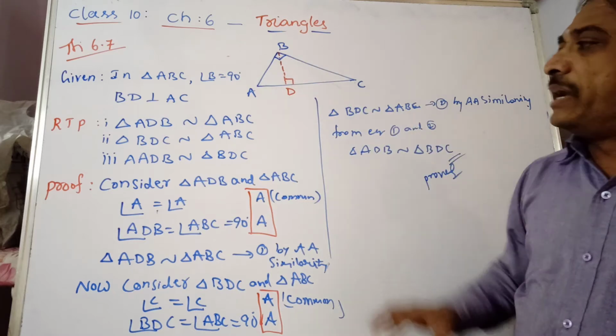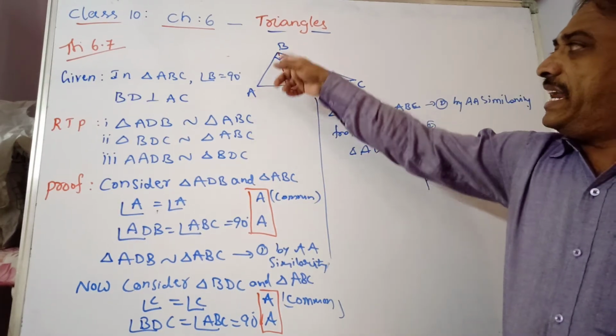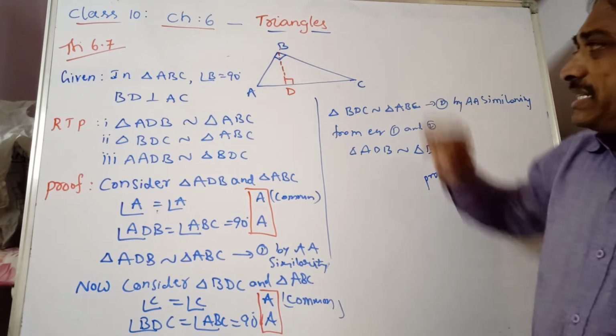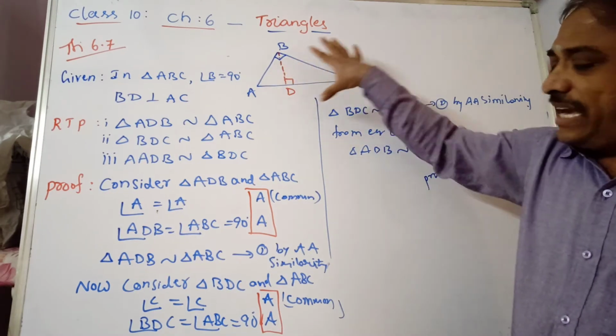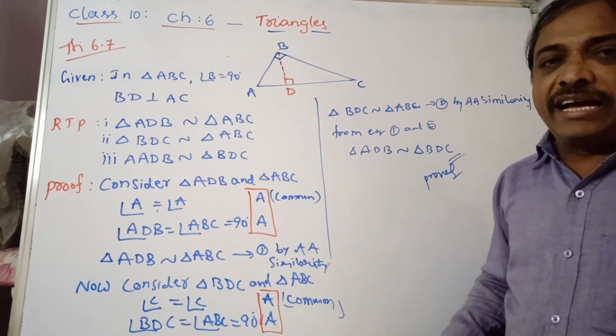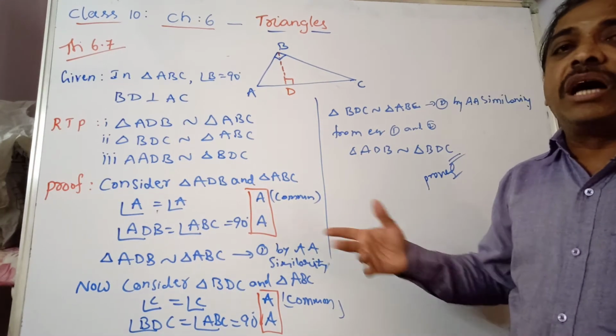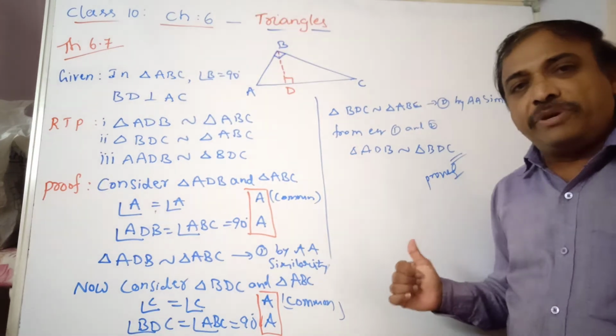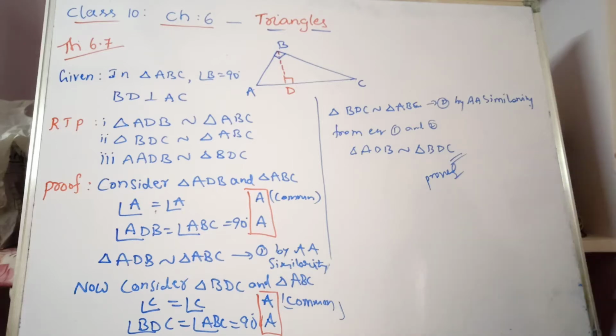So this is the perpendicular, and we are considering ADB and ABC one time, and BDC and ABC another time. So both triangles are similar to the whole triangle. Therefore they both are similar to each other. Is it clear? I hope you understood.